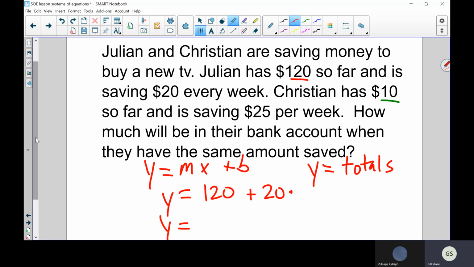All right, so the only thing we're missing is x, but also it makes sense that if he's saving $20 per week, we need to multiply 20 times the number of weeks, which is what x stands for. I haven't been writing what x stands for, but most of the time, x is going to be how many of something.